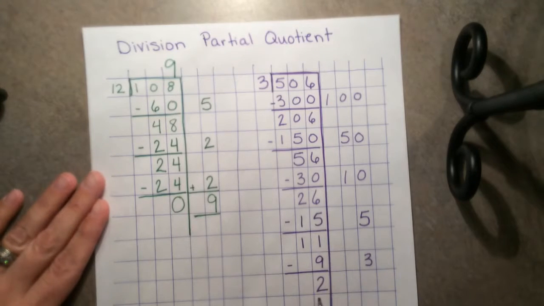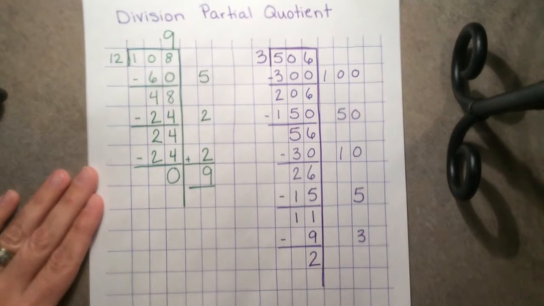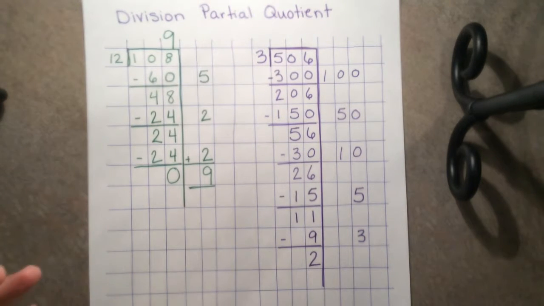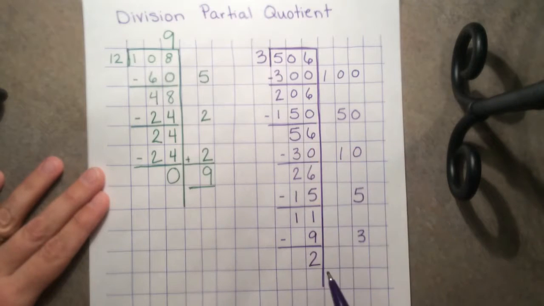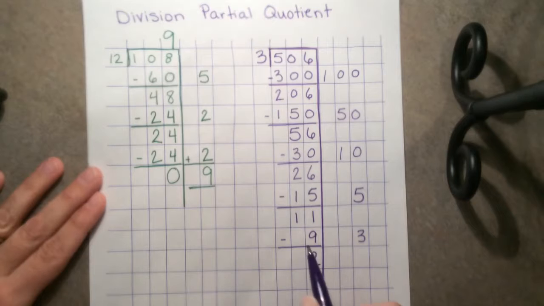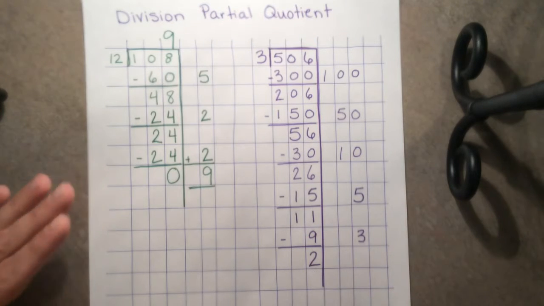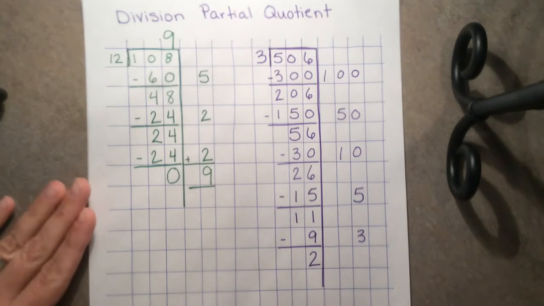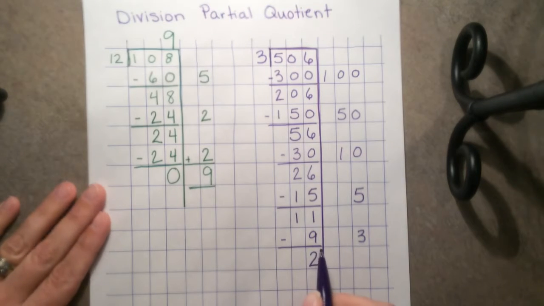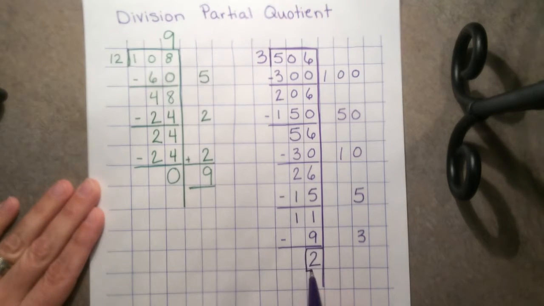Which has a 2 here. This is when students may panic. What do I do? 3 may not go into 2, or I cannot get another group of 3 from 2 because there are not enough. This is where the remainder is.